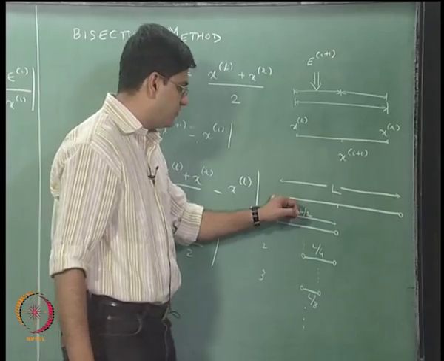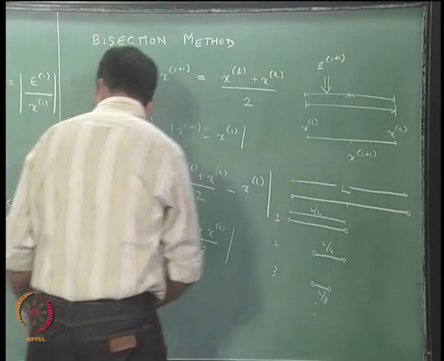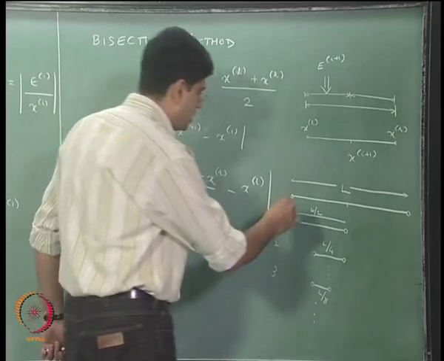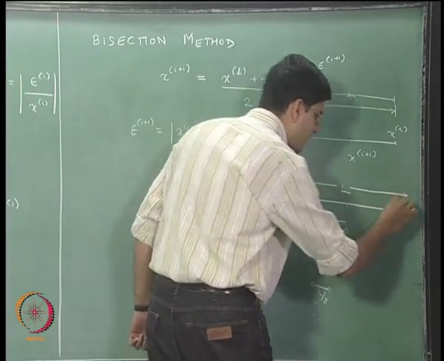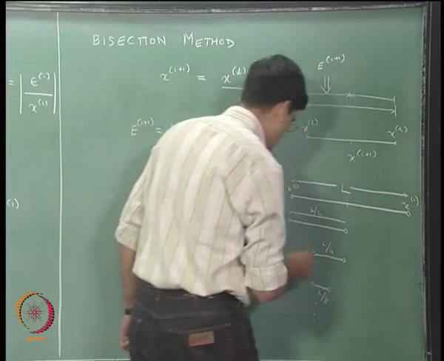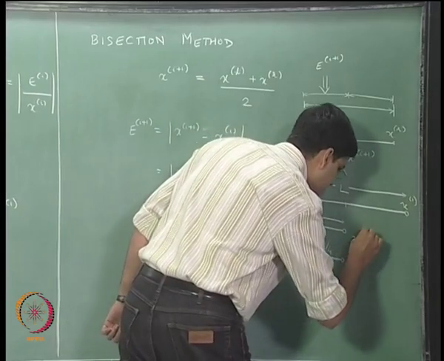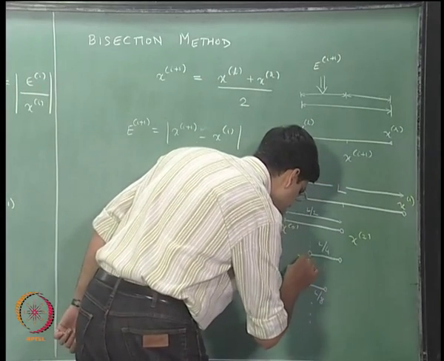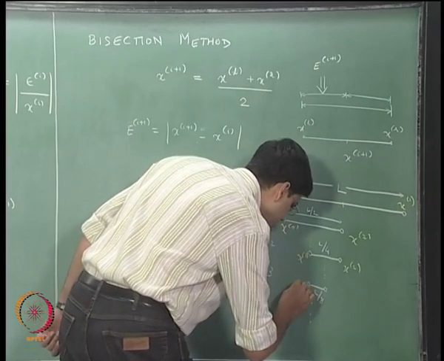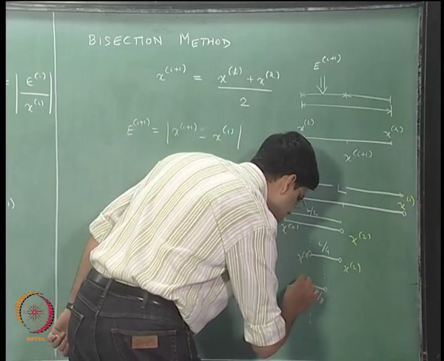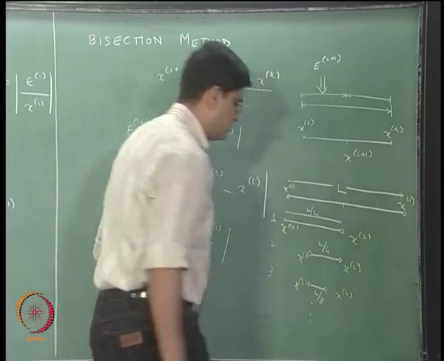So we started out with x0 and x1. Let's write that down, and I will use a different colored chalk here. We started out with x0 and x1. This remains our x0, this becomes our x2. Now we have x3 and x2, and now we have x3 and x4.